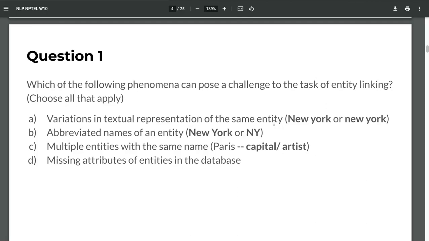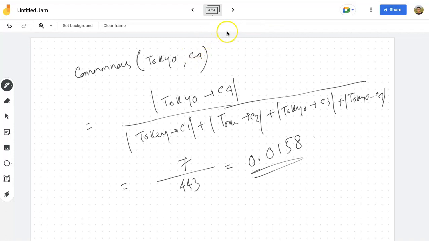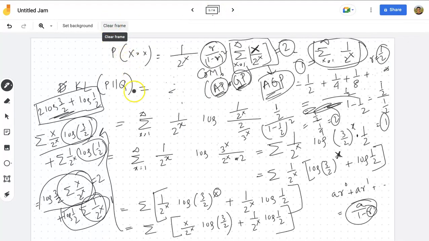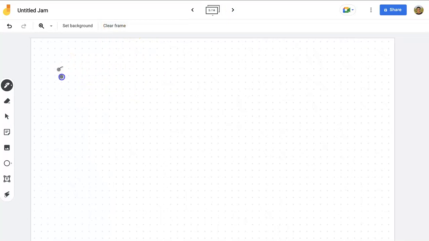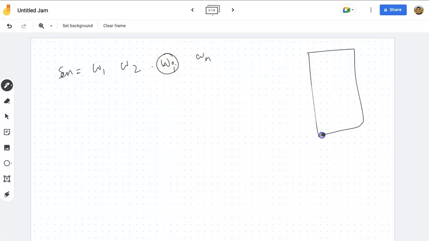Suppose you are maintaining a dictionary, and let's look at it this way. Suppose this is your sentence, W1, W2, WN, and there is a word WI, and you want to link this WI to some entity. Suppose you already have a dictionary of all named entities.